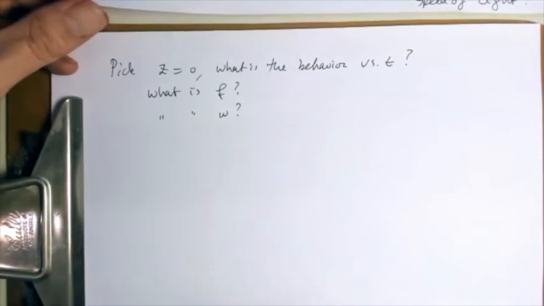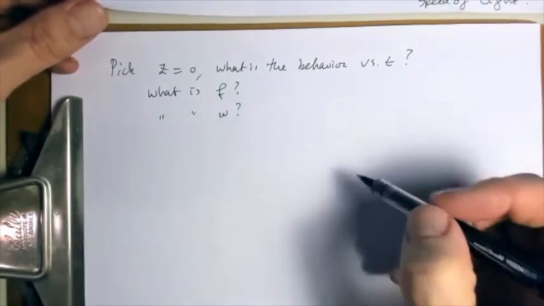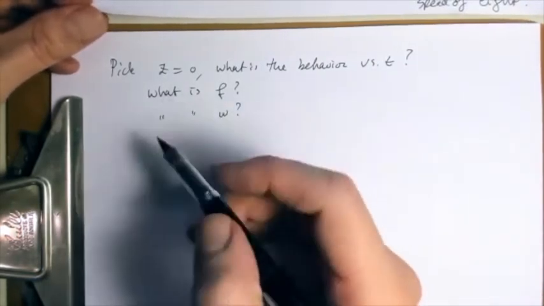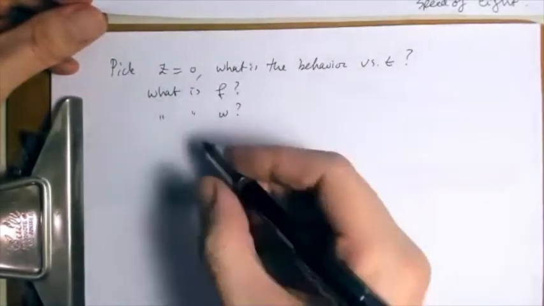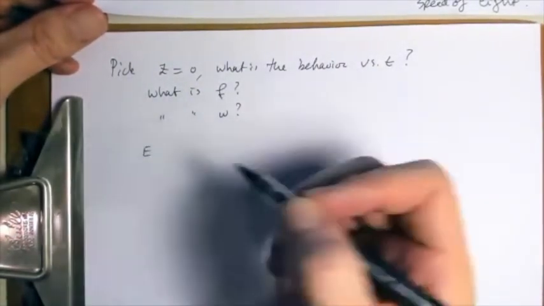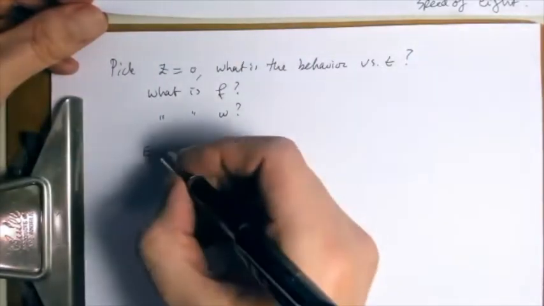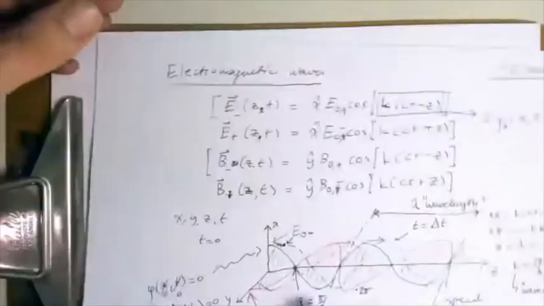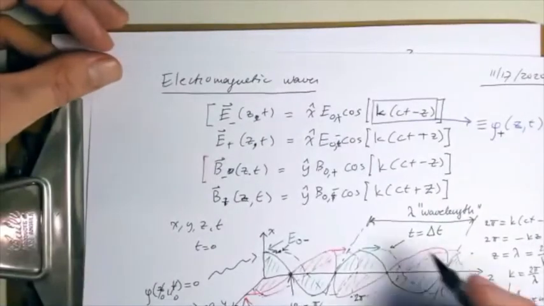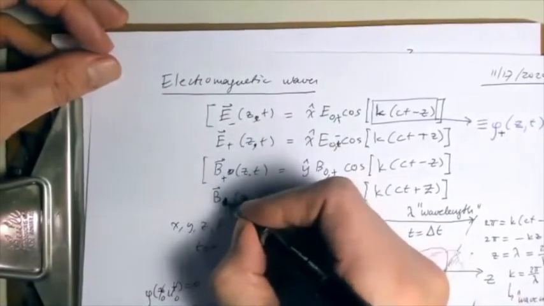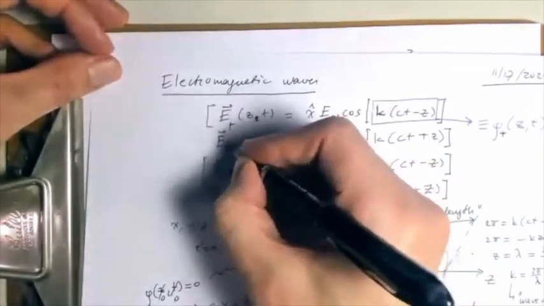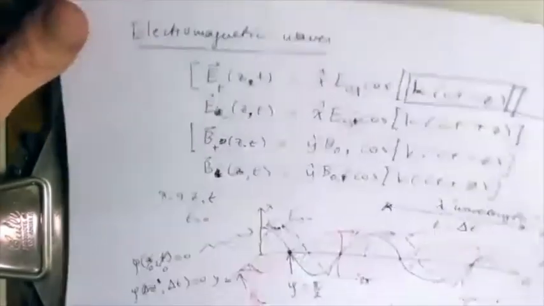All right, so now we're on the other side of the pause button press. We're picking z equal to 0, so the electric field for the wave that is traveling in the positive direction. And now I'm seeing, by the way, that I messed up on my signs here as well. I told you the pluses and the minuses are confusing.